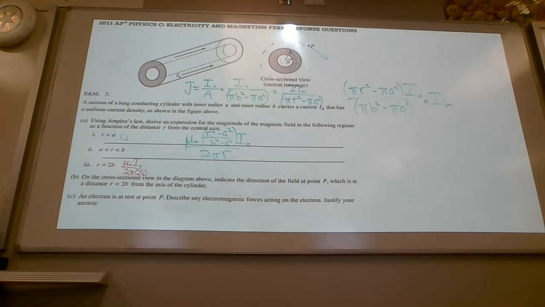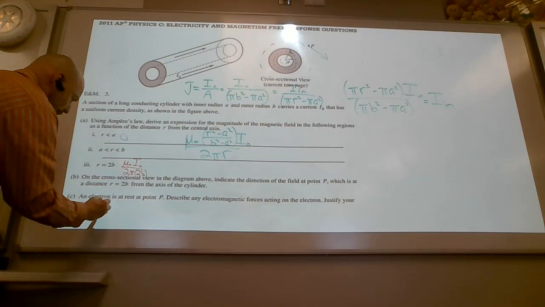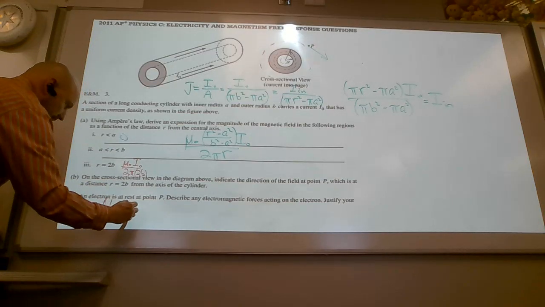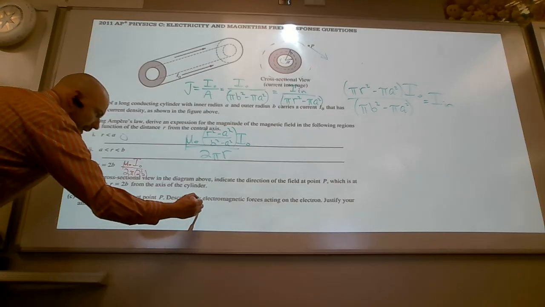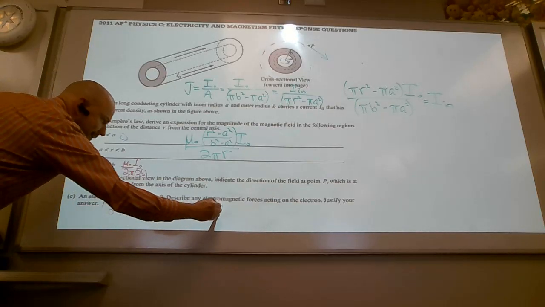An electron is at rest at point P. Describe any electromagnetic forces acting on the electron. Justify your answer. We would say no force because it is at rest.